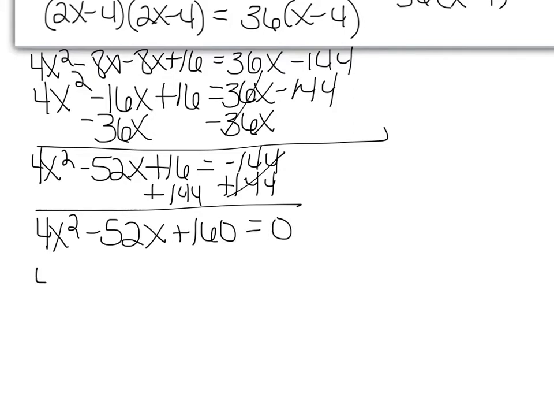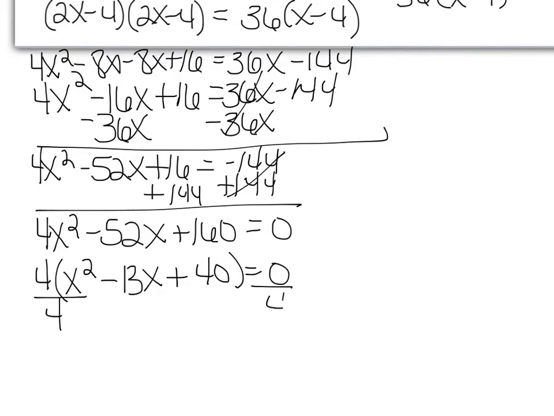First rule of factoring is factor out anything that all three terms have in common. They all have a 4 in common. Divide both sides by 4, and you get x squared minus 13x plus 40 is equal to 0.